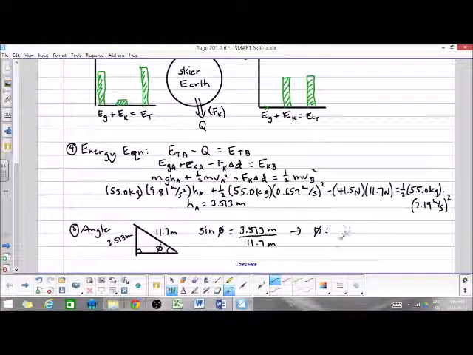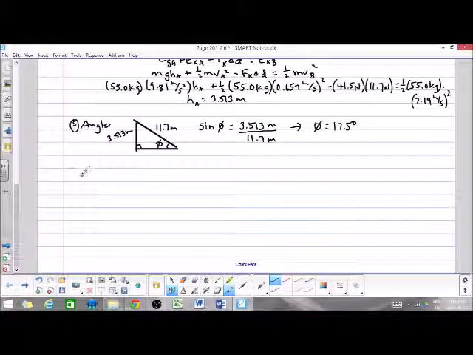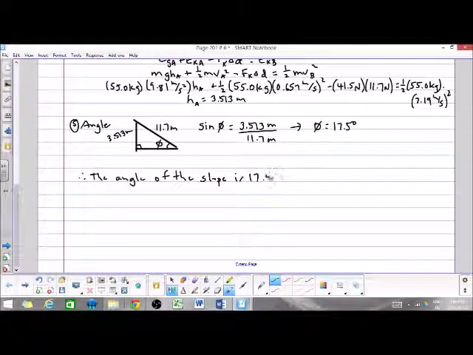Phi is 17.5 degrees. Therefore, the angle of the slope is 17.5 degrees.